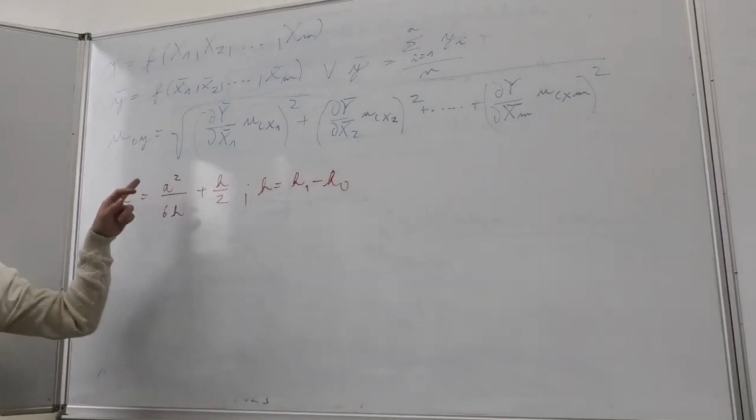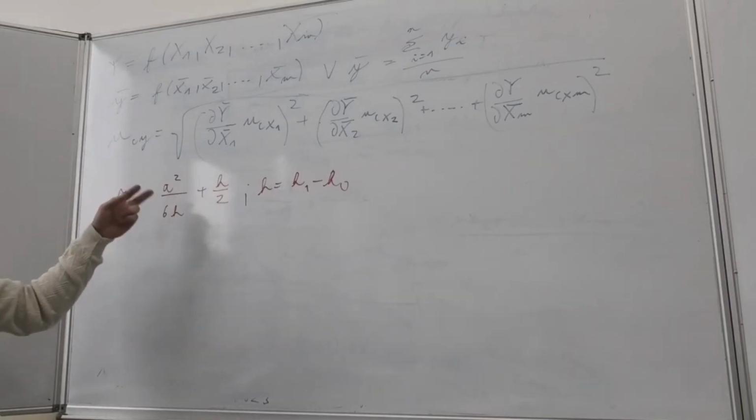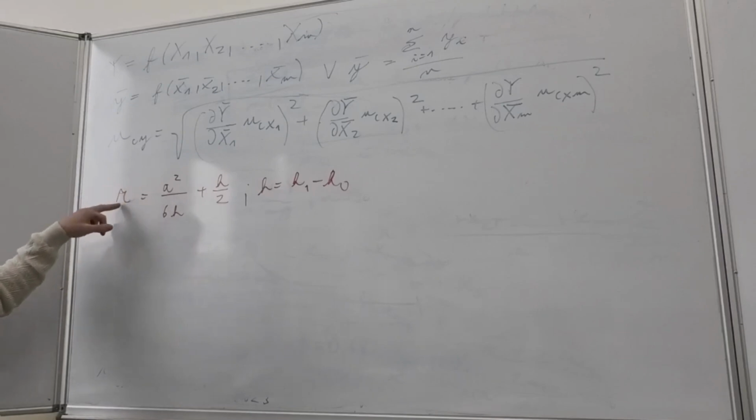H0, H1, and the small a are directly measured quantities. For these, you'll calculate the standard uncertainties of type A, type B, and the combined standard uncertainty. And the R is an indirectly measured quantity.